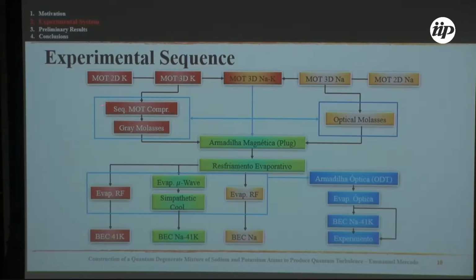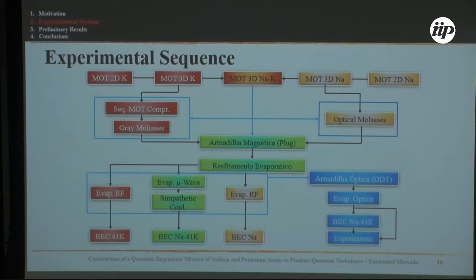We do a laser cooling procedure to cool the temperature down further. We implement gray molasses to reach, from 5 millikelvin, a temperature of the potassium MOT of a few microkelvin, only with the gray molasses process.